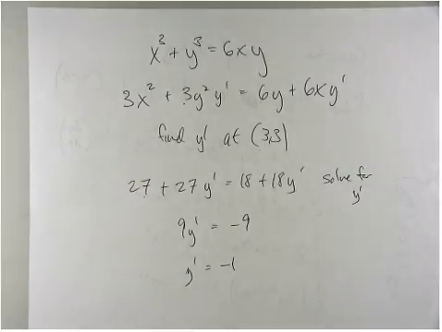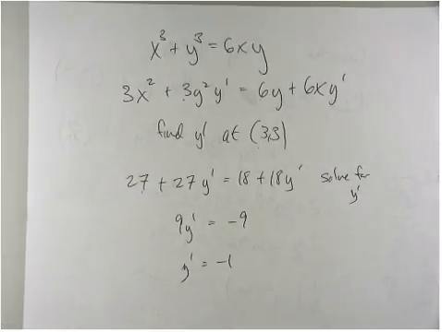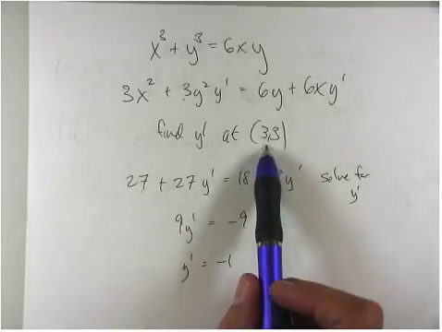Yay. It's a little bit easier. So if I want to evaluate these derivatives at specific points, your best bet is to differentiate, but then don't solve for anything. Don't move stuff around until after you've plugged in the numbers.